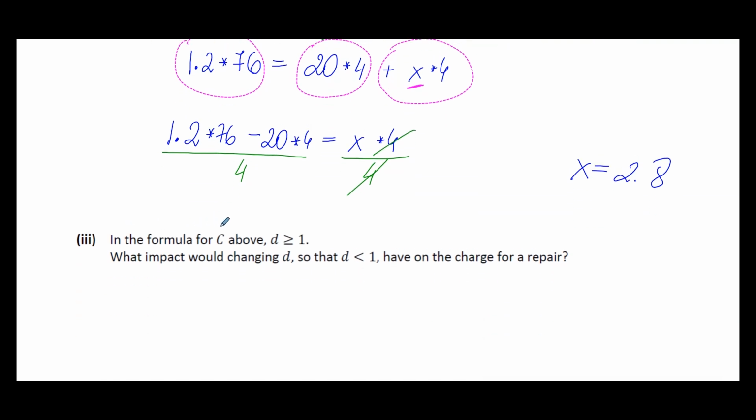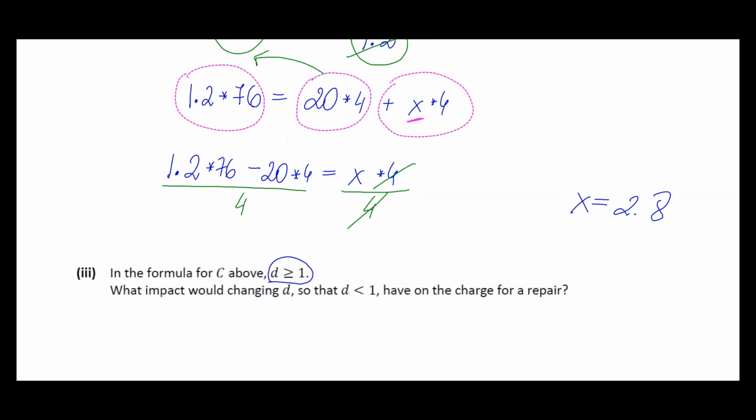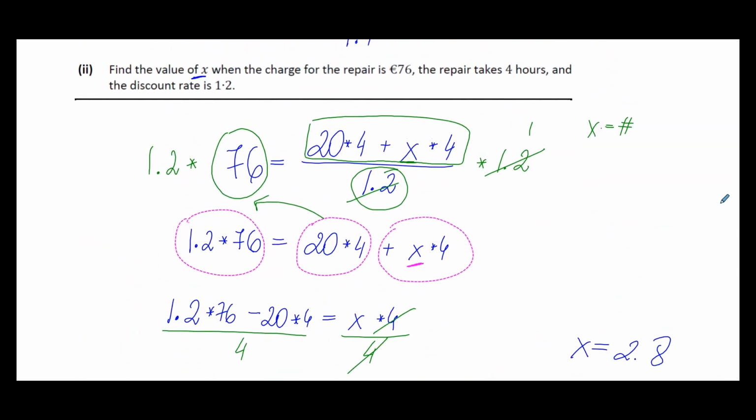Okay, and then the last part of this question. In the formula for C above, D is greater than or equal to 1. So it's 1, the smallest value, or more. What impact would changing D so that D is less than 1 have on the charge for the repair? So what are they actually asking me? They are saying that if I change this number, what will be the change in the overall cost?